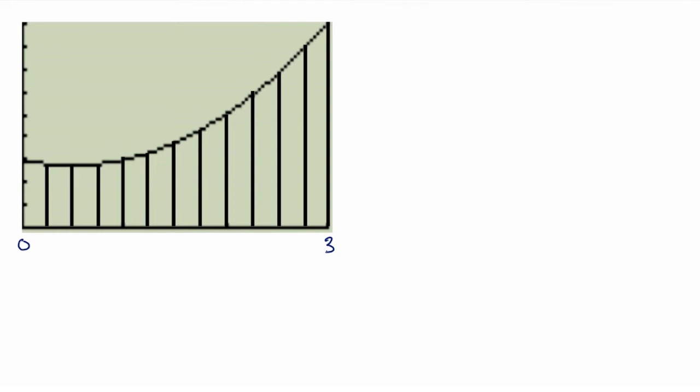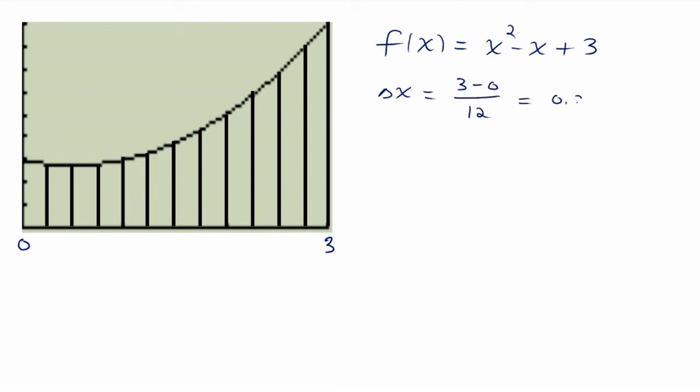Let's find the width of each rectangle. So delta x, the width of each rectangle, would be b minus a divided by the number of rectangles, and again we get 0.25. So now we begin the process of finding the midpoint of each interval, plugging that midpoint into the function to get the corresponding heights.